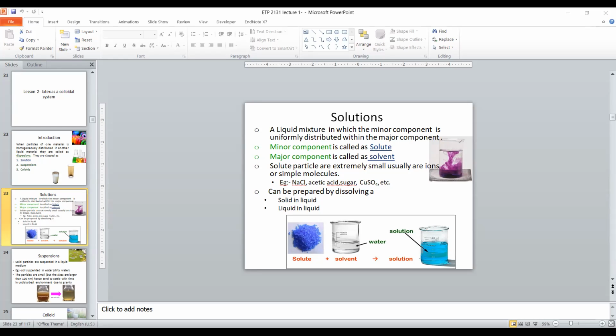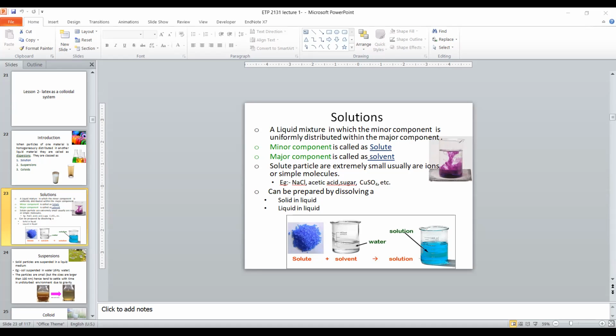Specifically for inorganic systems, 1 to 100 nanometers. But in the case of proteins and other hydrophobic liquids, you can go up to 1 to 1000 nanometers particle size.